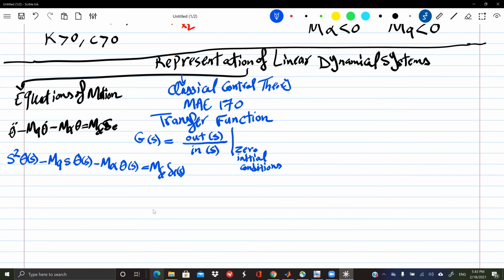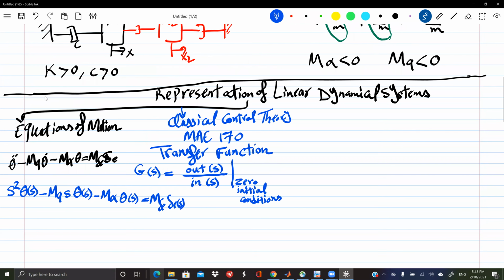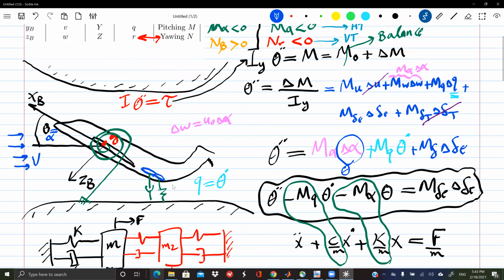And now we need to define what is my input and what is my output in order to do this division. So let's look at our example. What is the output here? What do you think is our output here? Anybody suggests? What's the output in this example? What can be an output? The output is usually the motion.